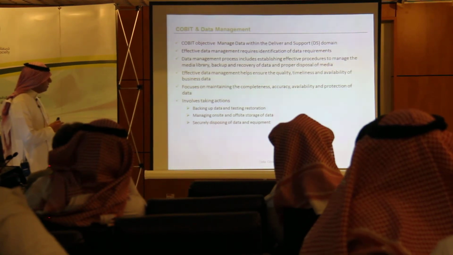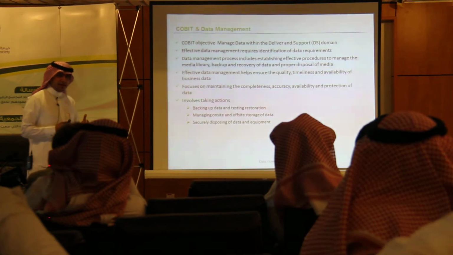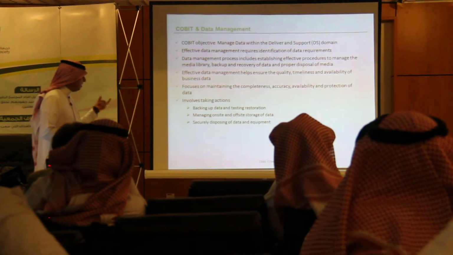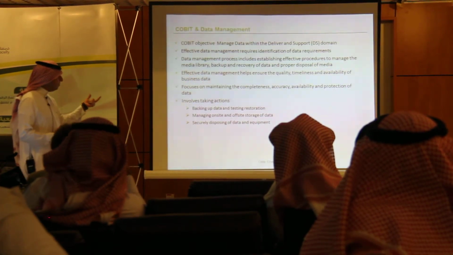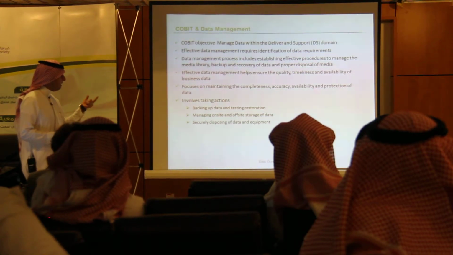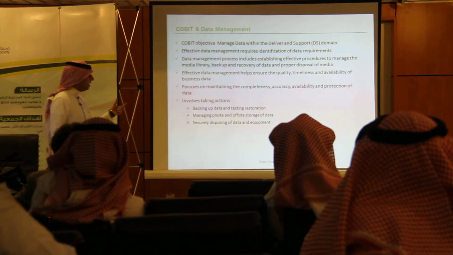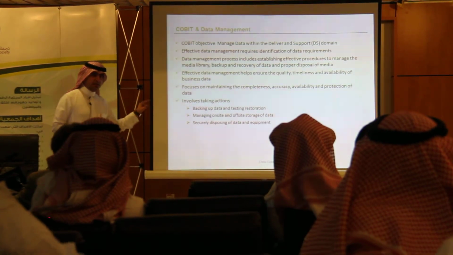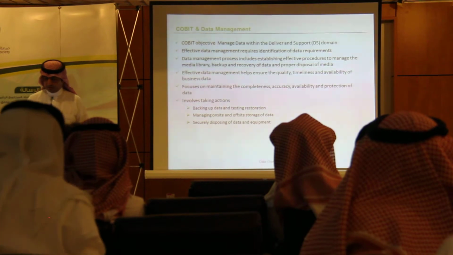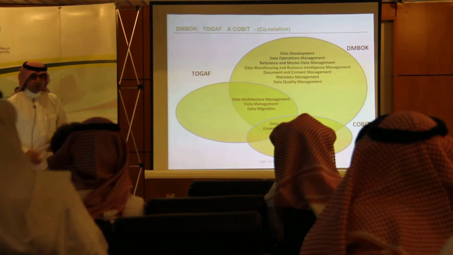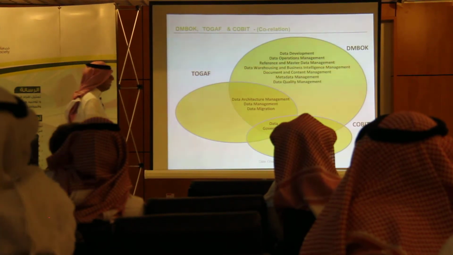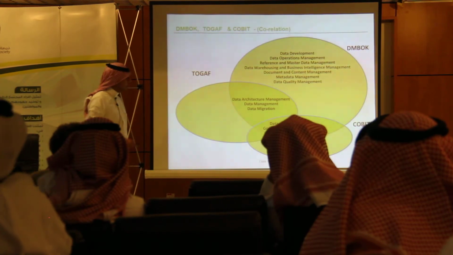In COBIT, the part that is really important for us in data governance is the actions related to backing up data, testing restoration, managing on-site and off-site storage of data, and securely disposing of data and equipment. These are the things within COBIT that are of interest to us when it comes to data governance or management. So where is the data governance between all these frameworks?